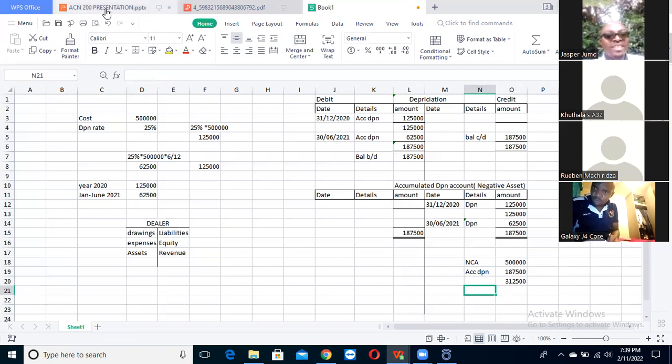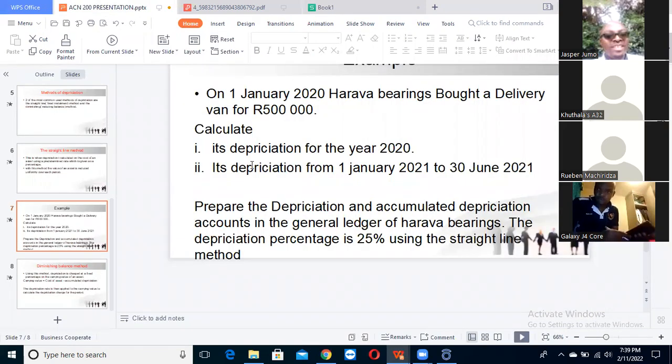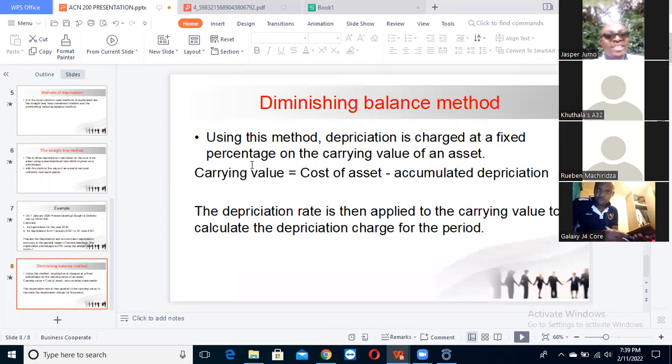To say a few things about how accumulated depreciation and the cost of the asset are dealt with after presenting them in the ledger. So we would like to move on to the other method of depreciation, which is the diminishing balance method.